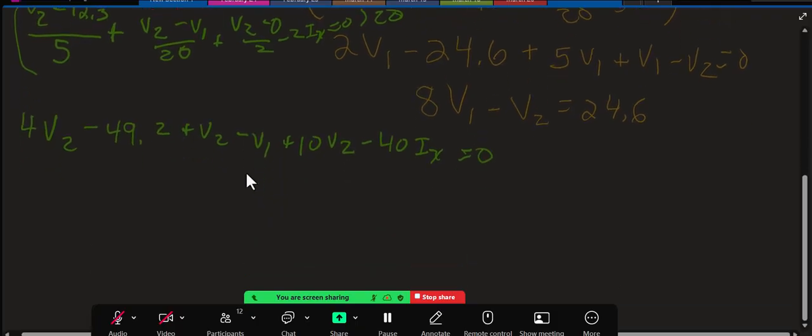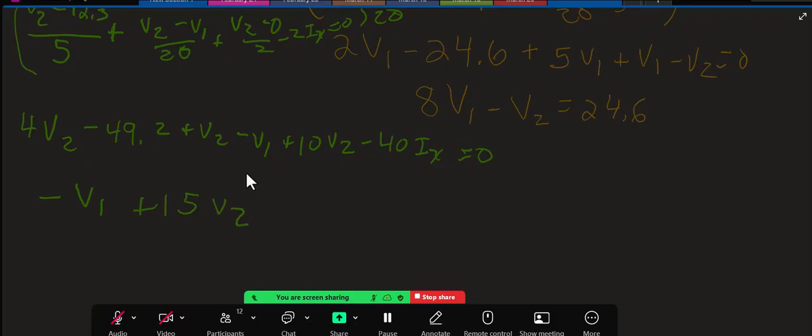And then simplifying that, I have minus v1 plus 15v2 minus 40ix equals 49.2.